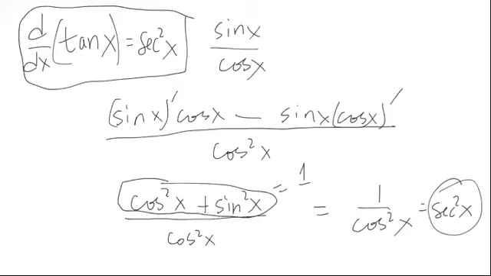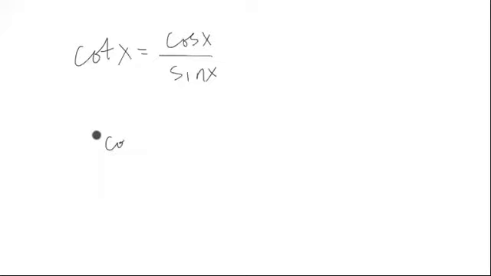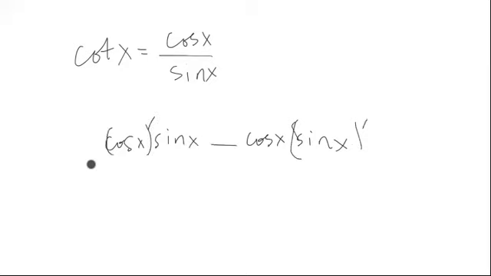Okay, let's look at cotangent now. Cotangent x is equal to cosine x all over sine x. Think of the quotient rule again. So we'll do cosine x, sine x, cosine x, sine x. They take turns being a derivative, minus, all over sine squared.